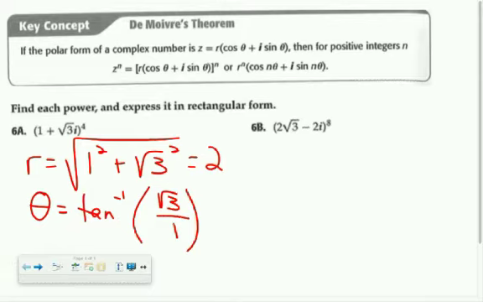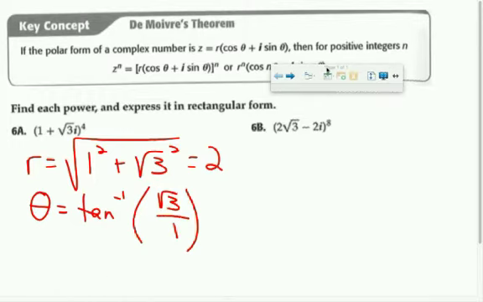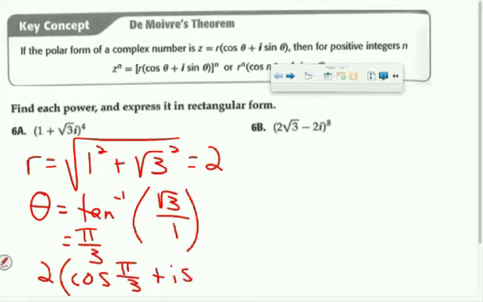So I look at my handy-dandy reference sheet for y and x coordinates that would divide such that I would get radical 3 over 1, and that happens at pi over 3. So my theta is pi over 3. And so in polar form, this would be 2 times the cosine of pi over 3 plus I times the sine of pi over 3.